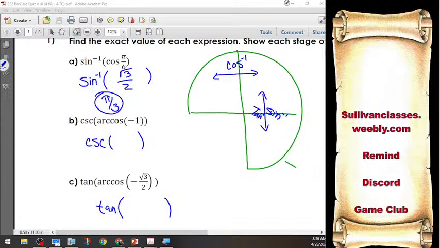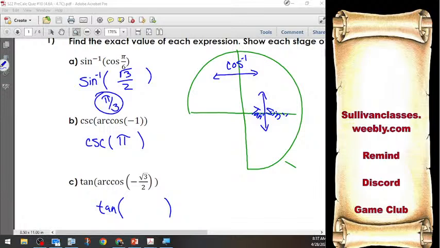Arc cosine of -1, what quadrants is arc cosine restricted to? 1 and 2. So I look in quadrant 2, because it's negative, for a value of -1, and I get pi. So now go find the cosecant of pi. Remember, cosecant's reciprocal of who? Sine.